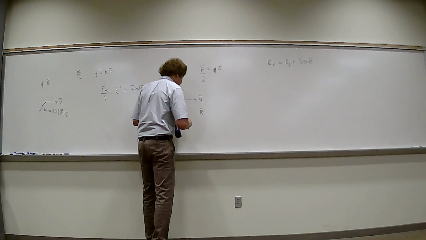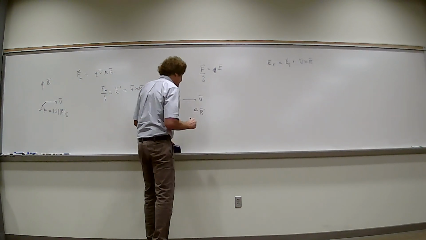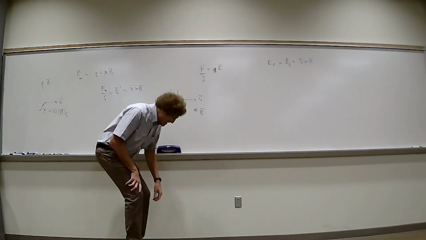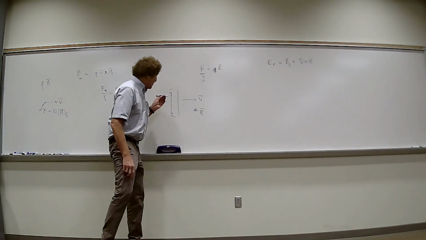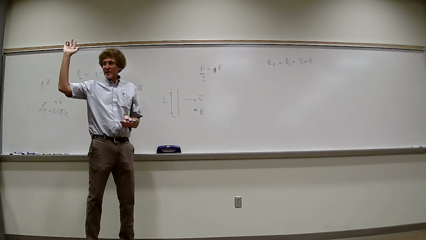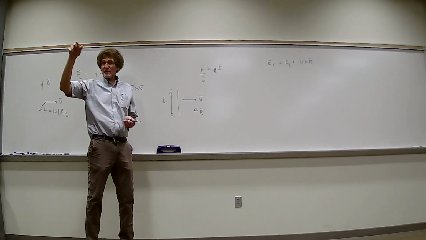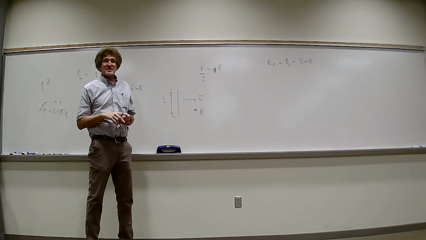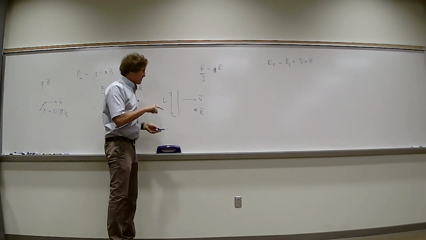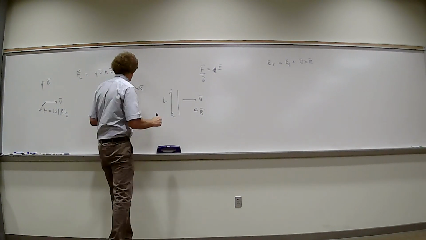The B field's going into the board, and this bar is moving this way. This is the classic problem. How many remember this from physics? No? Well, some of you do. This is like the standard physics demonstration. All right, so V, right, this is the electric field right here.